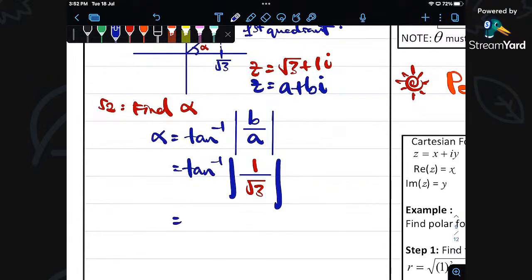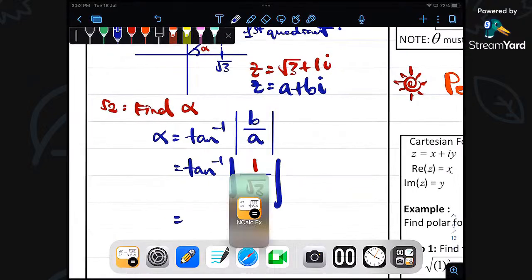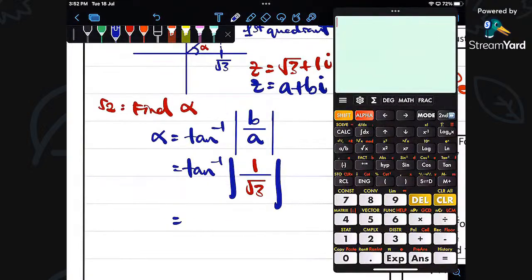Okay. So this is where you need to use your calculator. Shift tangent, and then you put 1 over square root 3. You will get 30, right? But 30 is in degree. I do not want in degree.